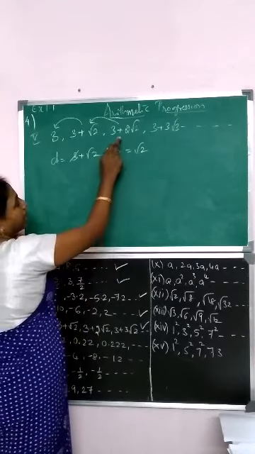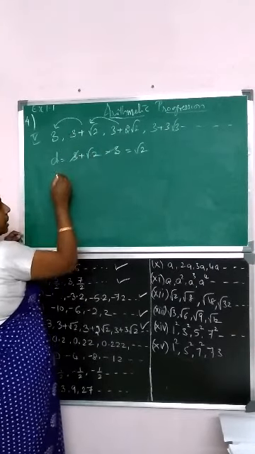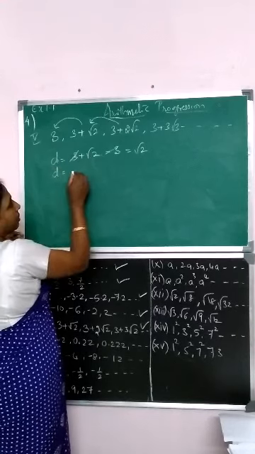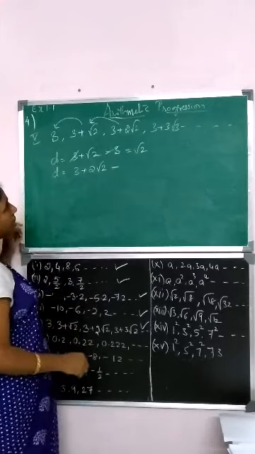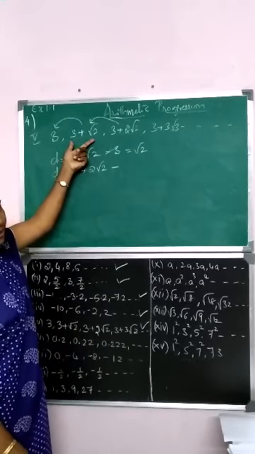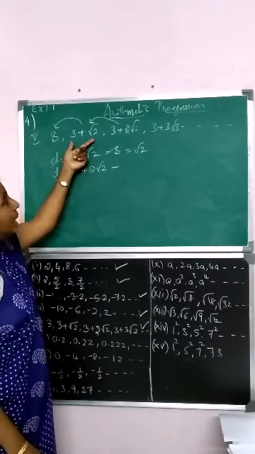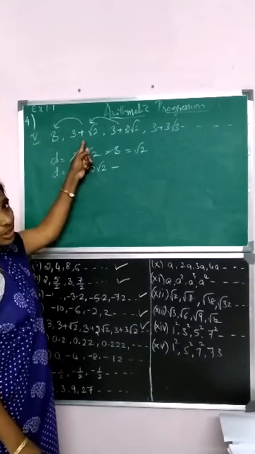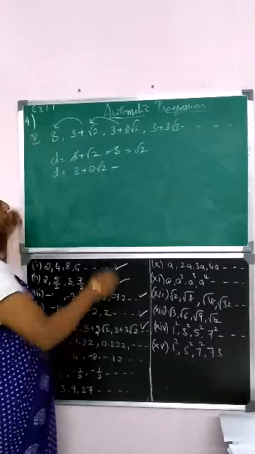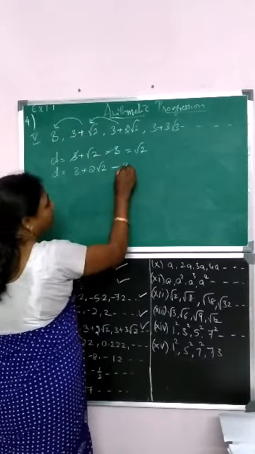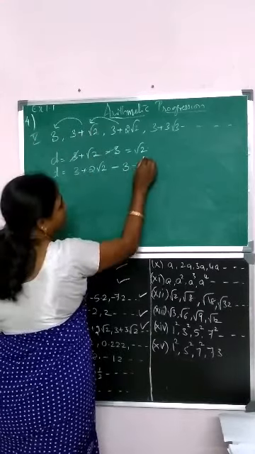Okay. Similarly, third term minus second term. Third term here is 3 plus 2 root 2, minus the first term we have to remove. If you have to remove the first term, check that both the signs will change. That is, plus becomes minus here also and here also. So it becomes minus 3 minus 1 root 2.